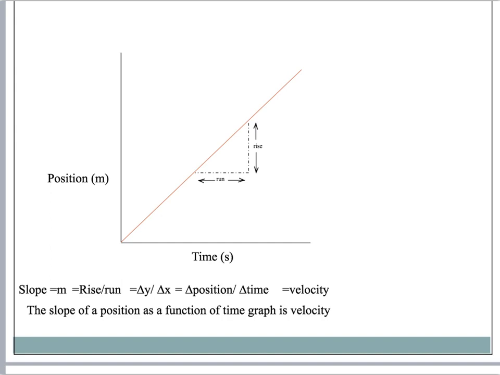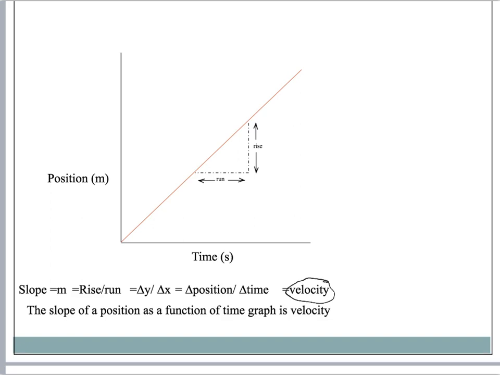So here we're looking at a position-time graph where position is on the y-axis and time is on the x-axis. And what we can see from the formulas down here is that this idea of velocity can be derived from a graph.